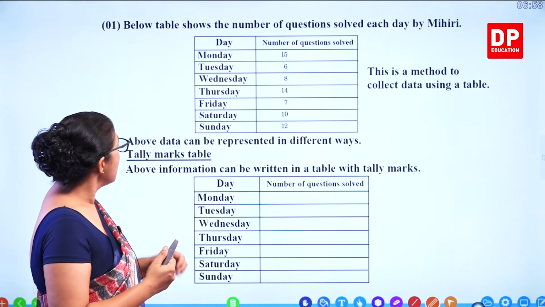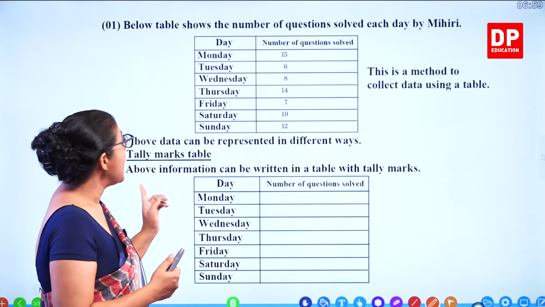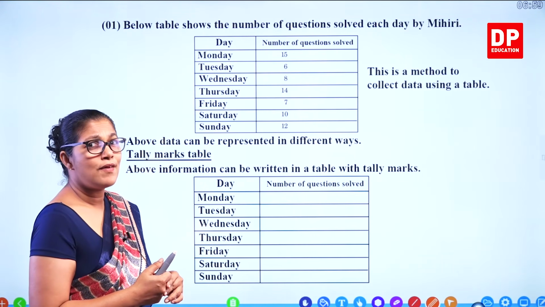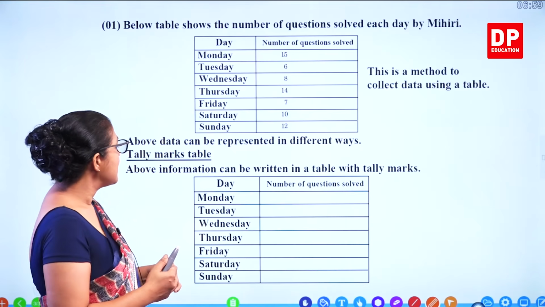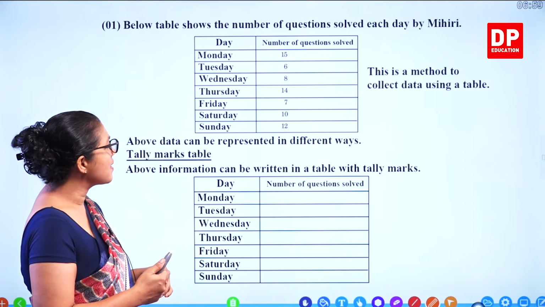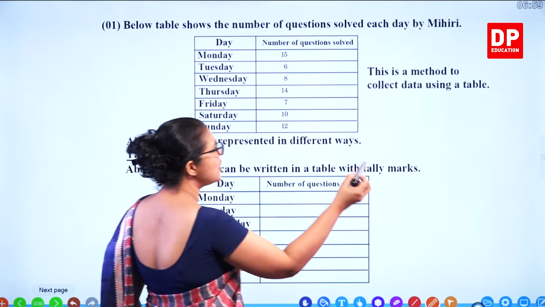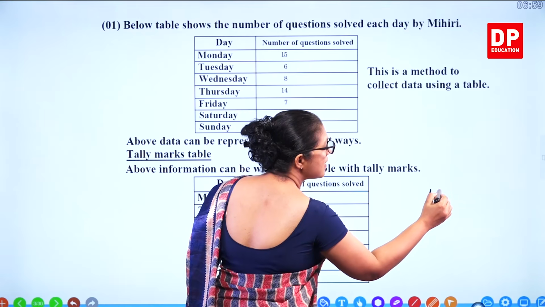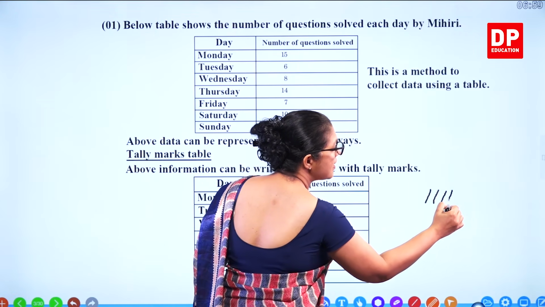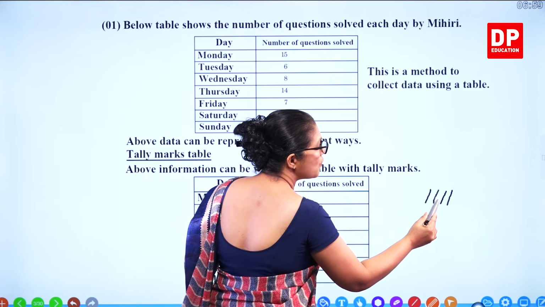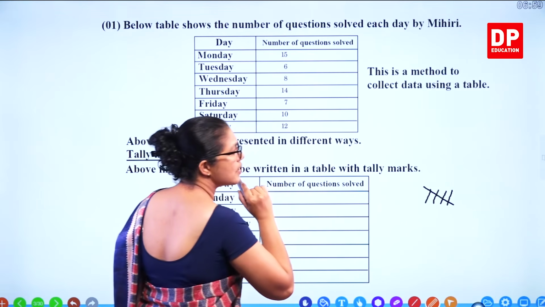Now we call that a tally marks table. Have you heard about tally marks? How do you write tally marks? We put ticks like this, and when it comes to 5, what do we do? We cross it out.